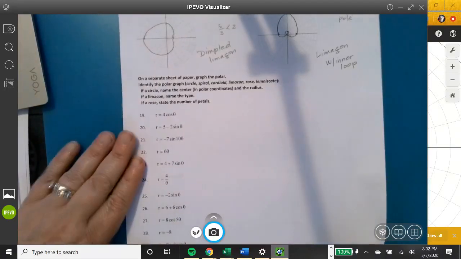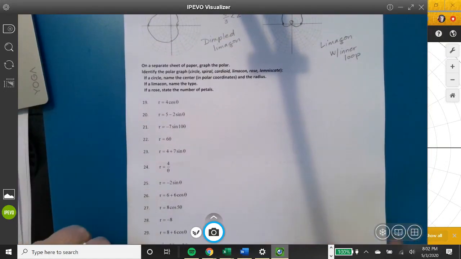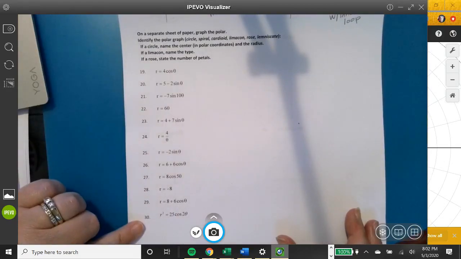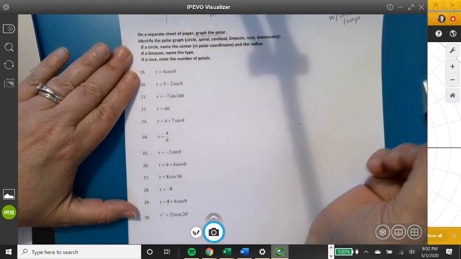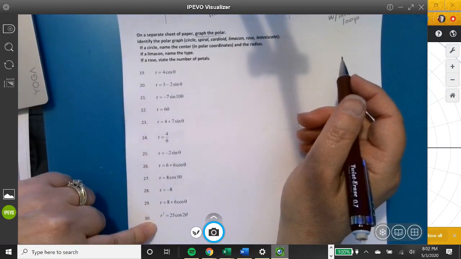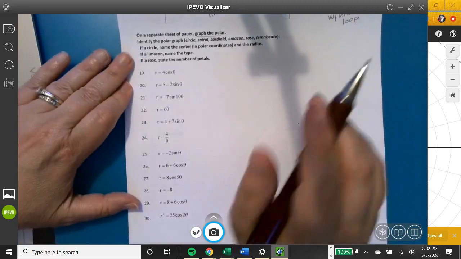Okay, so these next ones I'm going to challenge you for practice to do, and I will post the answers to these, okay? I want you to graph them, but I want you to kind of predict, if you can, what you're going to get beforehand. So let's pause the tape.